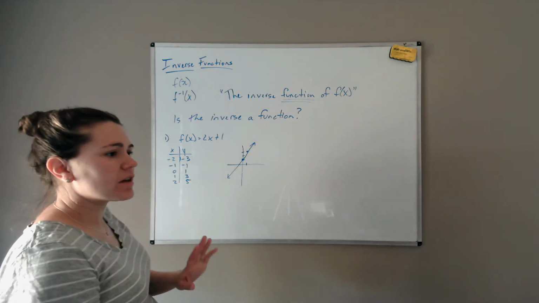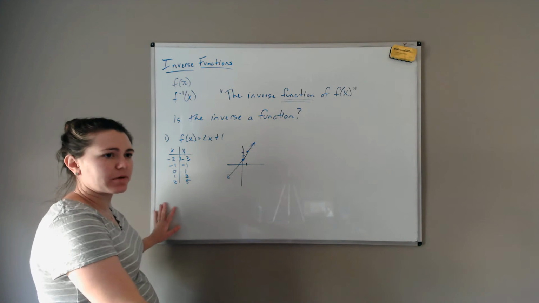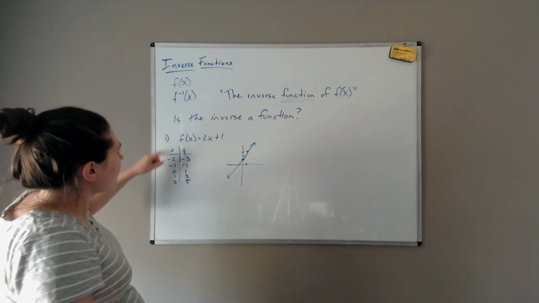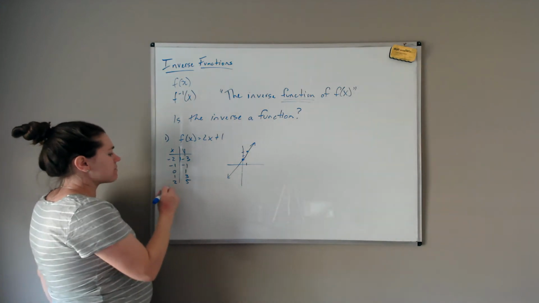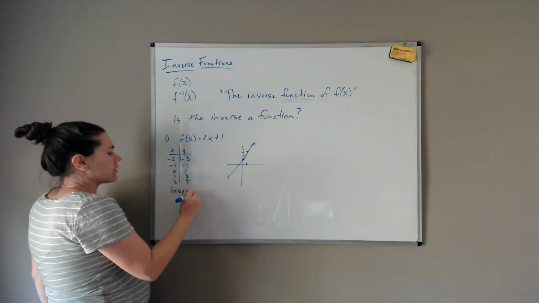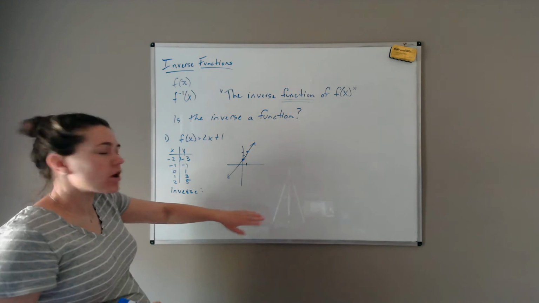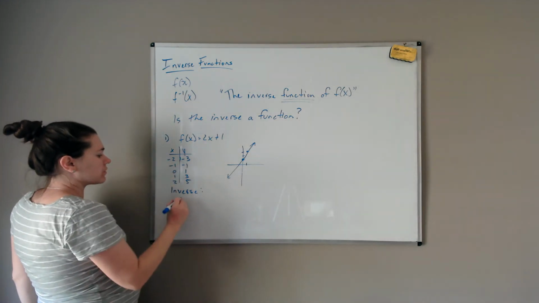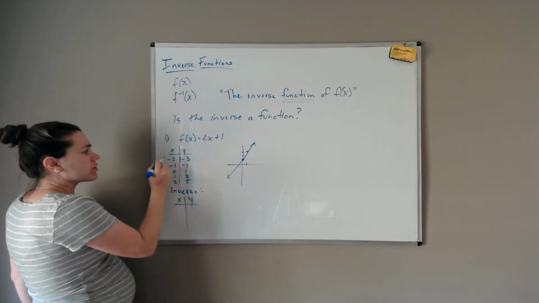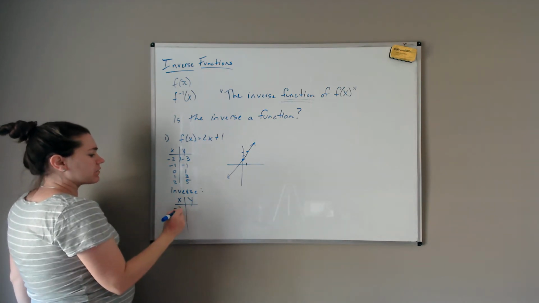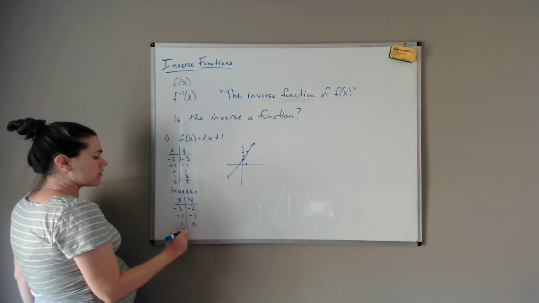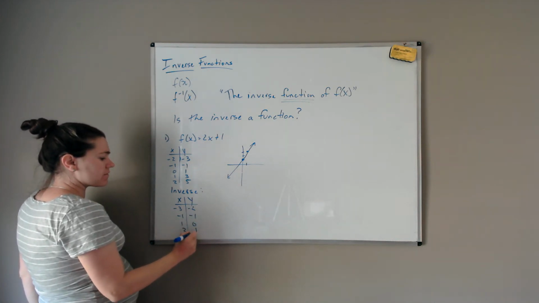Now think about it, the reason I actually put a table here is to help you think about this. If I wanted to make the inverse and graph the inverse, all I have to do is take each of these coordinate points of the original and flip it. -3, -2, -1, -1, 1, 0, 3, 1, 5, 2.